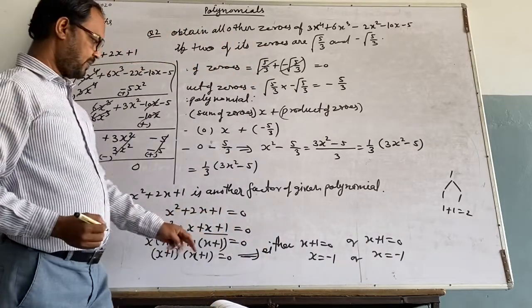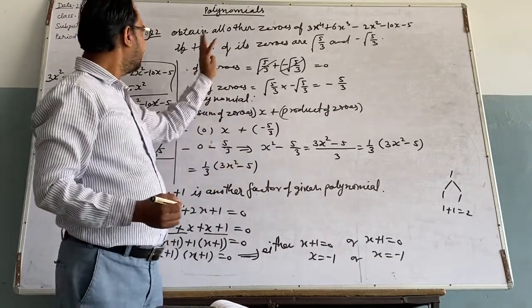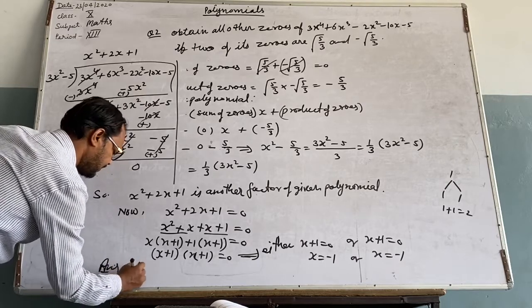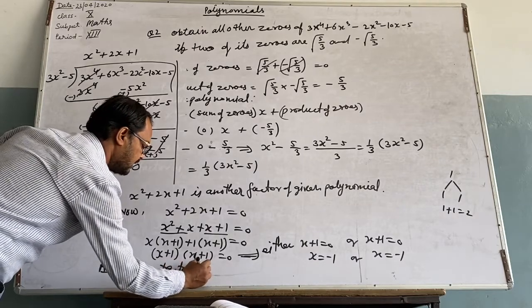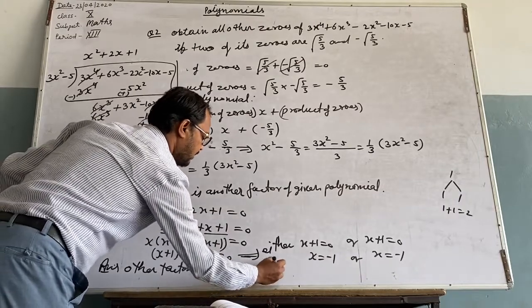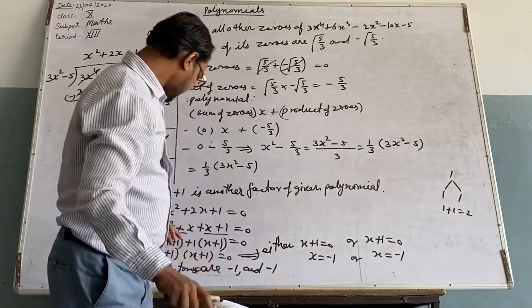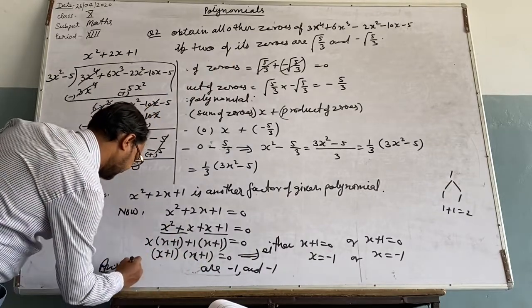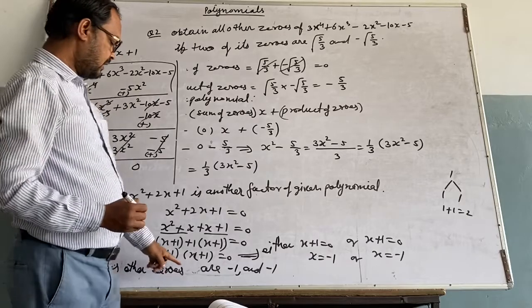So we can say minus 1 and minus 1 are the other two zeros. So the other zeros are minus 1 and minus 1.